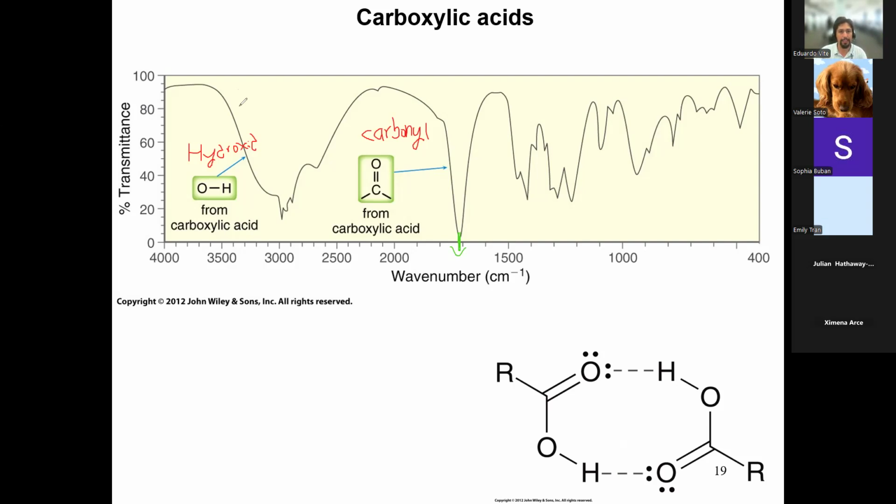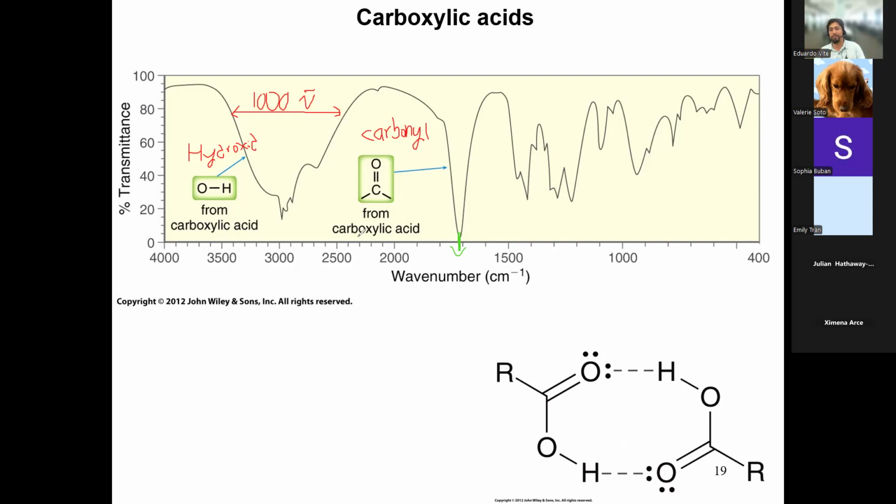And usually this range is going to be about 1,000 wave numbers right here. Very iconic. And of course, you can confirm because the carboxylic acid contains the carbonyl. So if you have that very broad 1,000 wave number wide signal, and you also have your carbonyl signal at 1,700, you have a carboxylic acid, right?